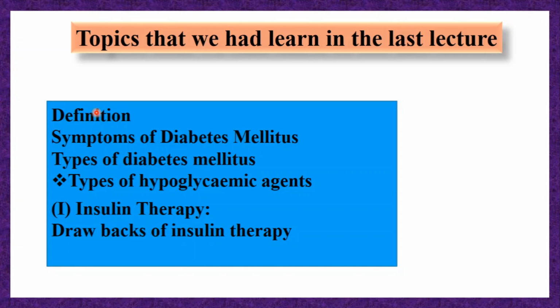The different cells of the pancreas produce different compounds which have different functions. The pancreas has three different types of cells, that is alpha cell, beta cell and D cell. The alpha cell produces glucagon, which promotes conversion of glycogen into glucose when required to meet the energy need of the body.